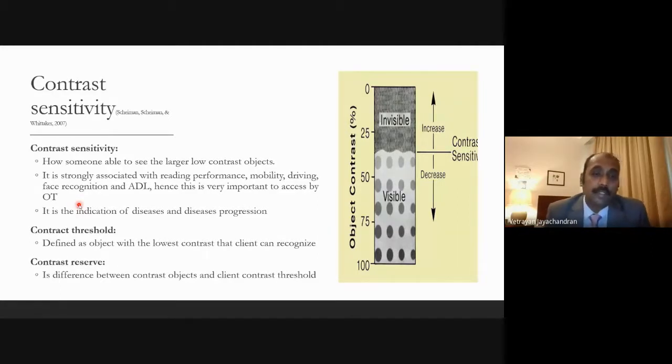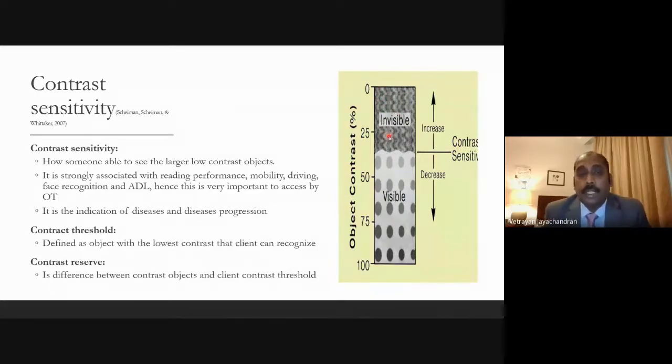Contrast sensitivity means the person can see an object even at lower contrast. For example, a normal person, even at low contrast, can see the images. In low contrast, I can even see small dotted structures even when the contrast is less. It means my contrast level is good. Maybe I can detect a contrast level of 25. If it is 1 or 2, I cannot see it, but at maybe 10 or 20, I can see the images.